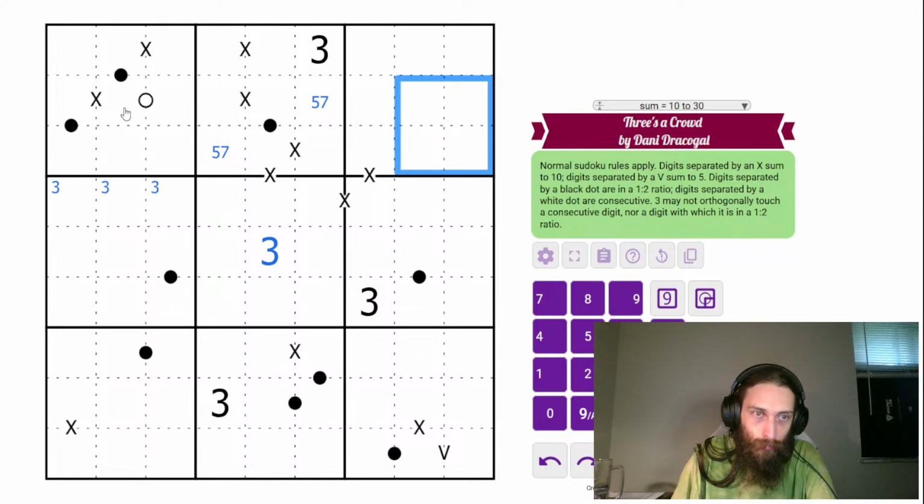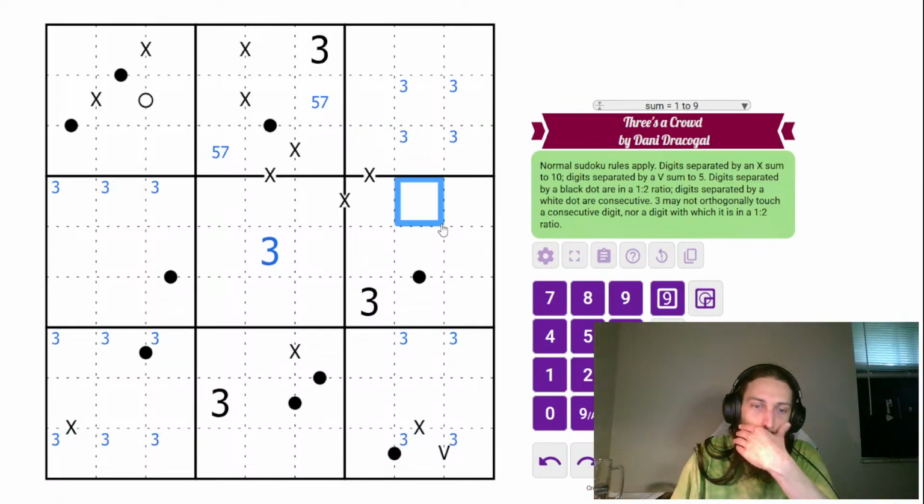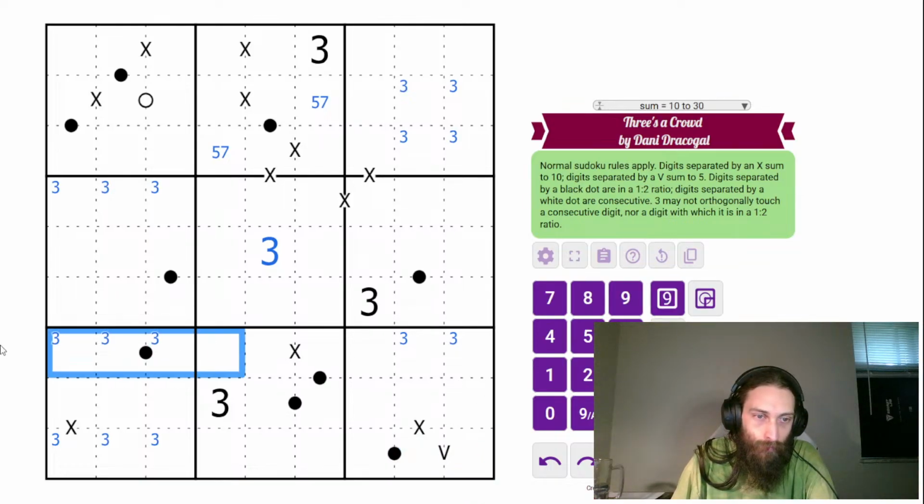Across the top. There. Well, and if it can't be orthogonally adjacent to a consecutive digit, it can't go on the V, the 5 sum, box 9.